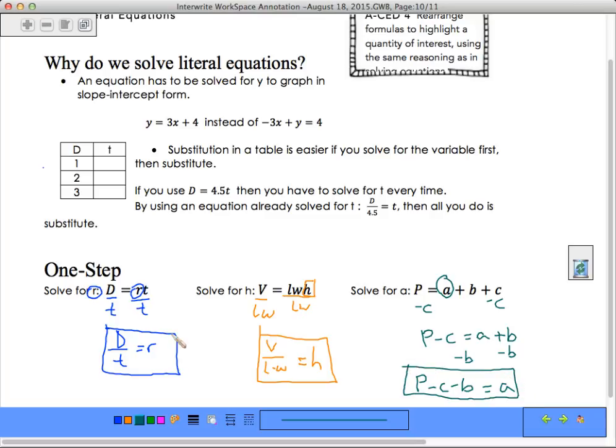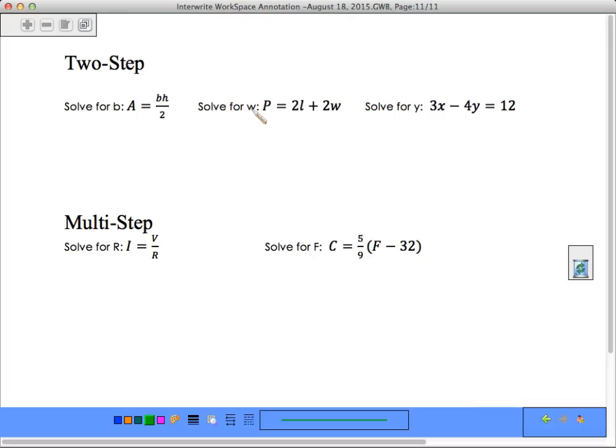All right. Now let's move on and see if we can try one that's a little bit harder. So looking at some 2-step, I want to get b by itself. Here's b up here. But this is whatever's touching it right here. That's going to be the hardest to get rid of. So we're going to start by getting rid of this denominator. So I have divided by 2. To get rid of divided by 2, I need to multiply by 2.